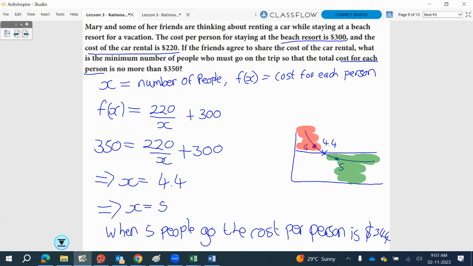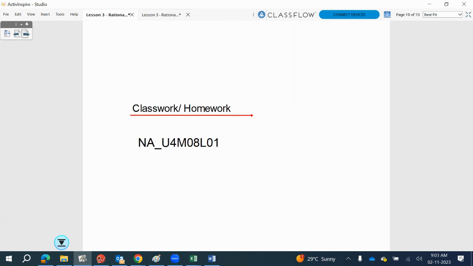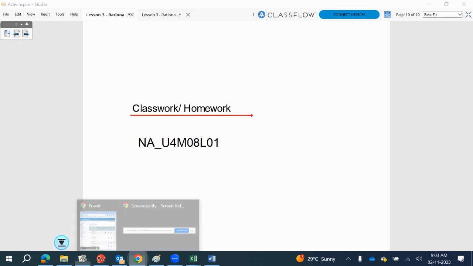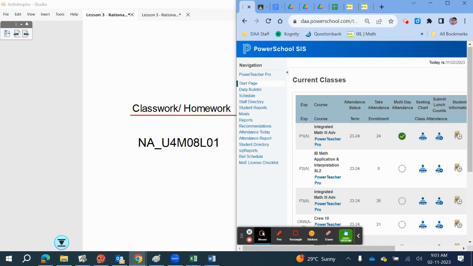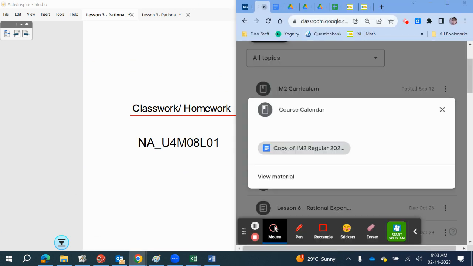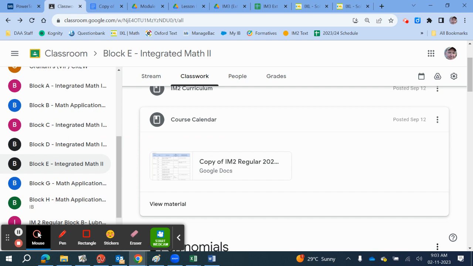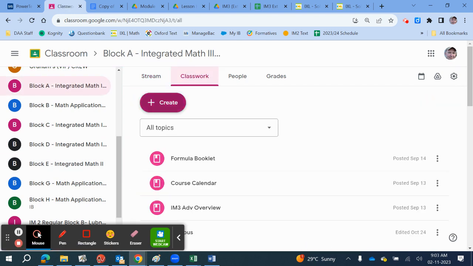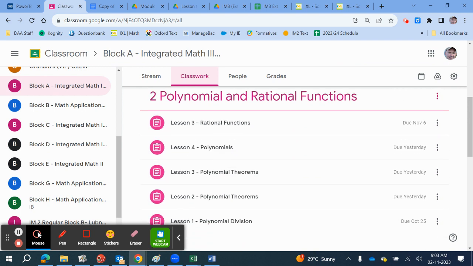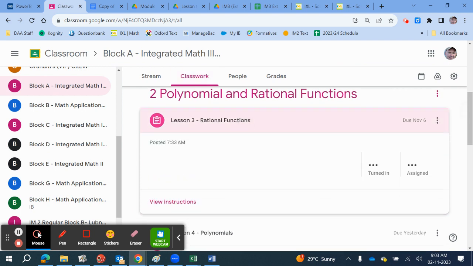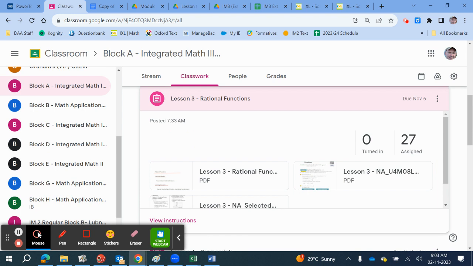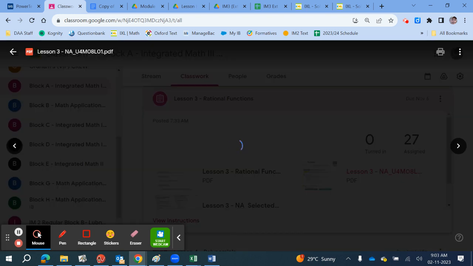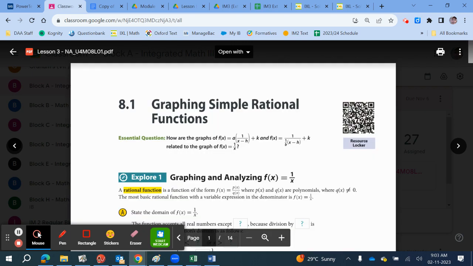Okay, homework for today is we have a section from the textbook. I didn't have to write the questions myself. If you go to the Google Classroom, on the classwork, you can find rational functions. There is a section from the textbook. I think you used the textbook last year. You're familiar with it from last year.